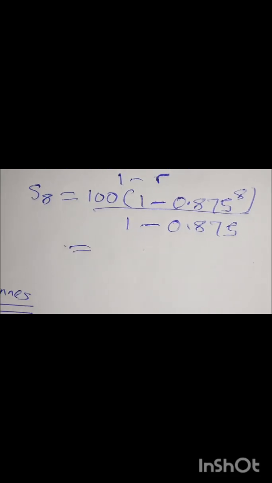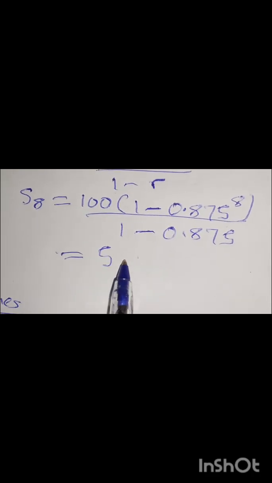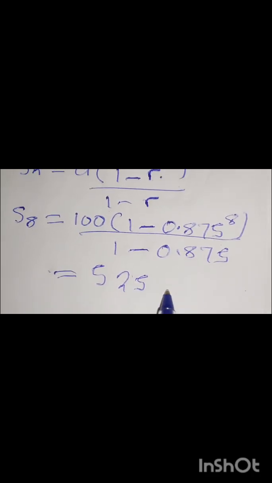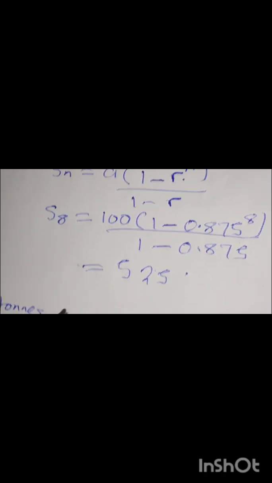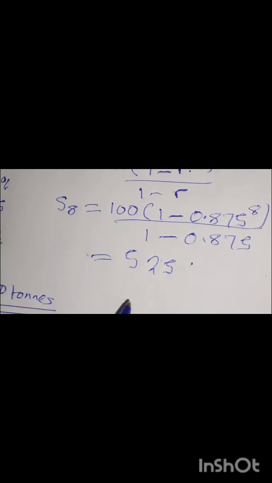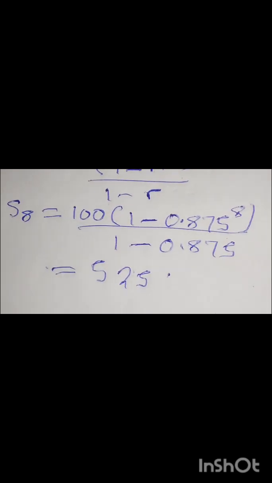The final answer is giving something like 525. So you can also try out yours to see if it gives you 525. Maybe I'm wrong, but mine has given me 525 on my calculator.